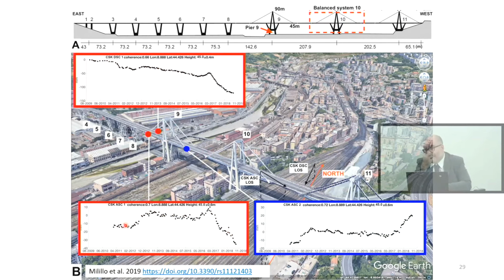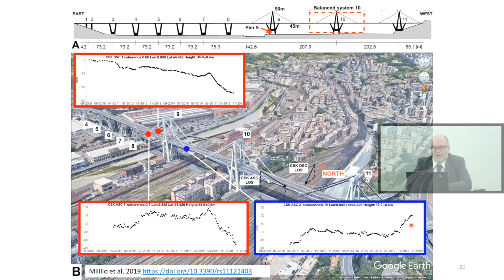And as you can see, these two permanent scatterers, which are likely separated by less than 20 meters, because these are estimated with the high resolution SAR satellite, are having different displacement behavior. And the third one, which is here, has another displacement behavior. So these data can be used to infer what has happened before the collapse of the bridge.